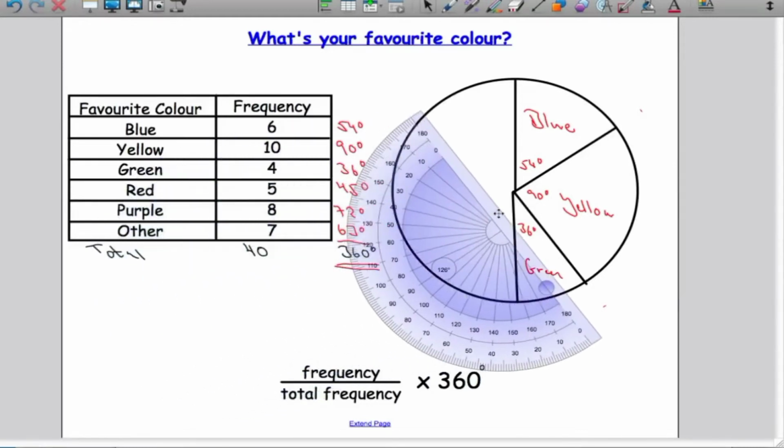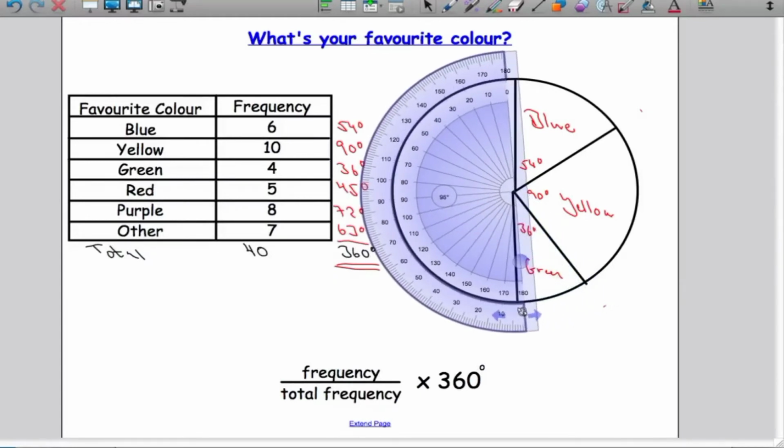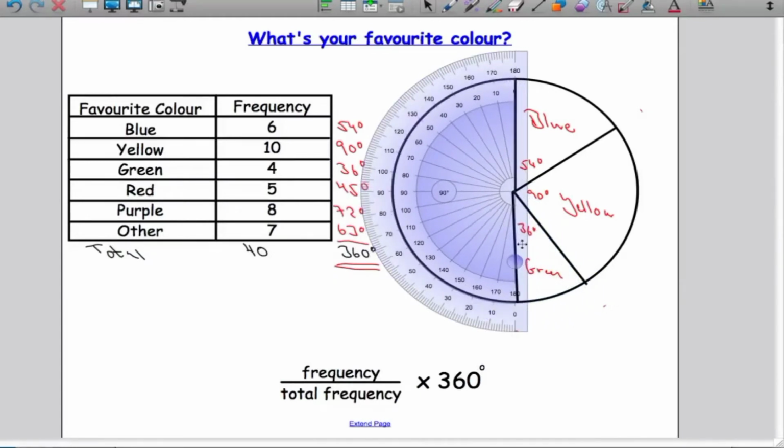Then for red, we have 45 degrees. Then you move your compass from the point 0 and search for 45 degrees in the compass.